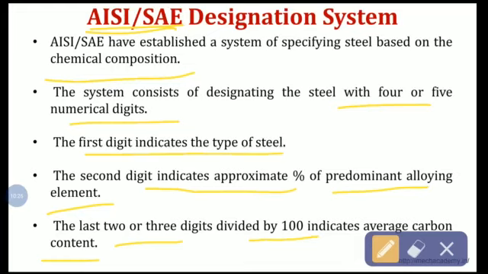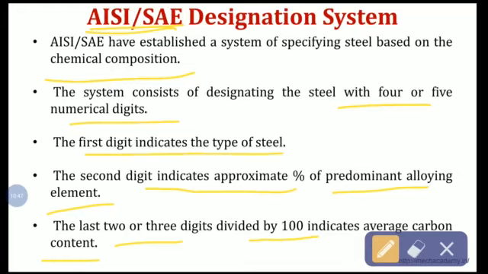Correct. And sometimes it includes a letter to indicate manufacturing process of that steel also. How steel is manufactured, that is also included sometimes. So like A, B, C, D. A is for open hearth alloy, B is for acid Bessemer. So like this method of manufacturing is also included sometimes.